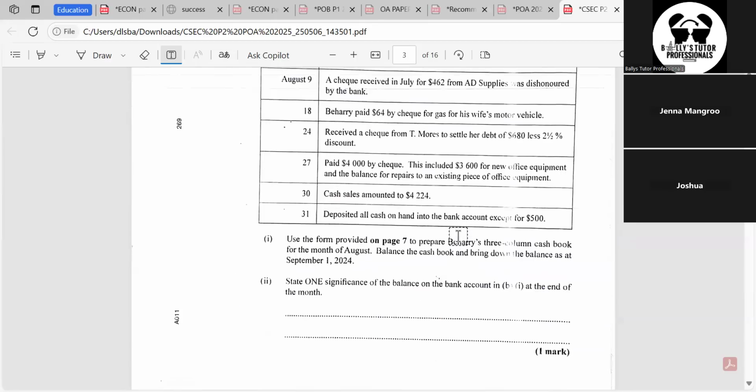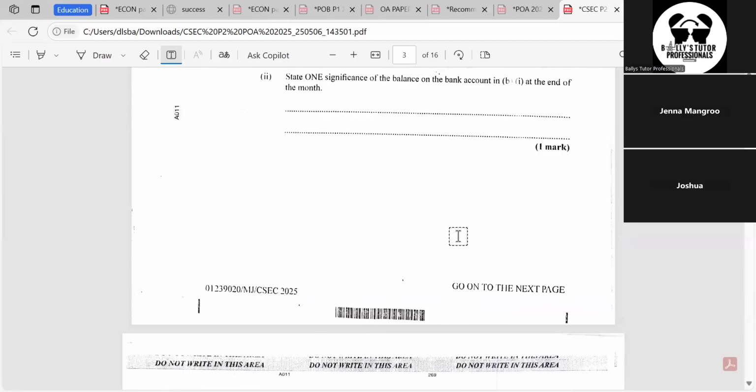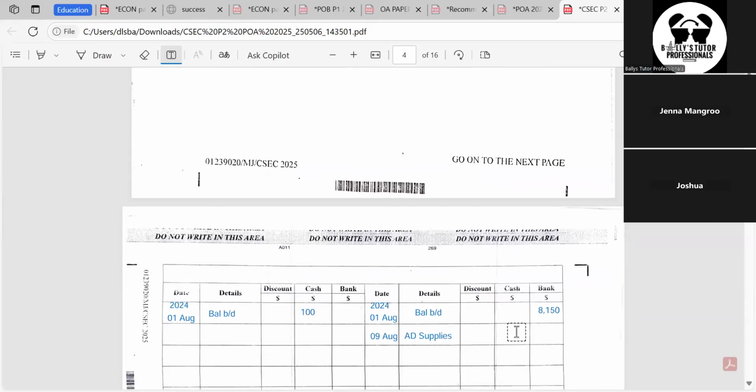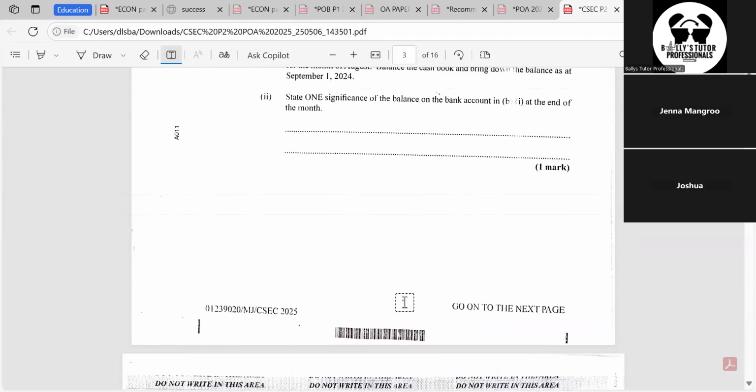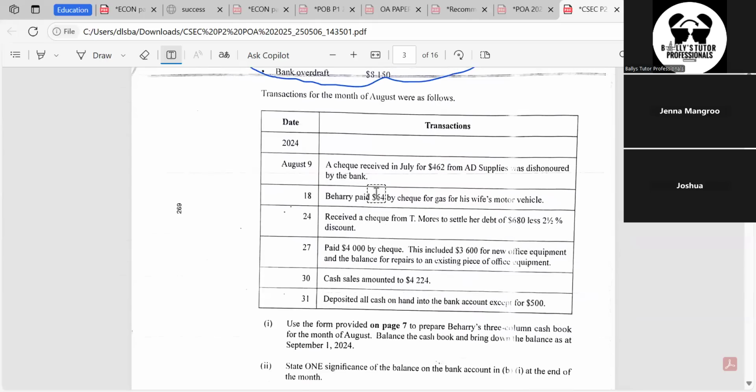And the amount was 462. Where do I put it? In the bank section, sir. All right, because it was a dishonored check. Whenever you're using a check, you're using a bank account. All right. Next one.